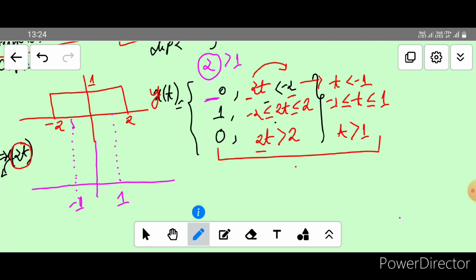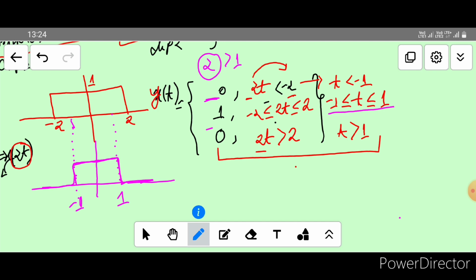Then for t between minus 1 and 1, y(t) value is 1, and for t greater than 1, y(t) is 0 again.